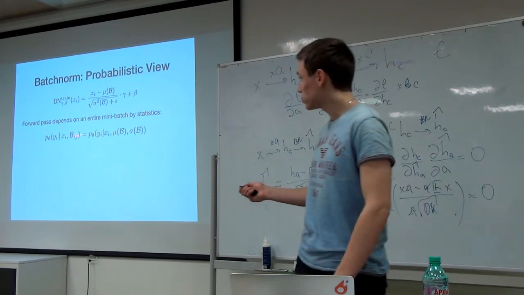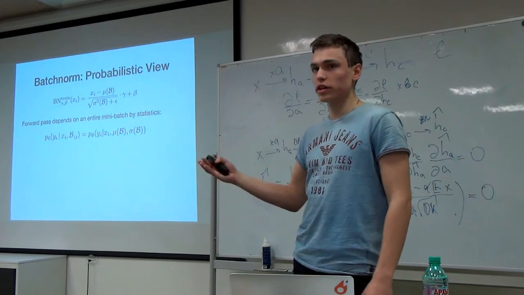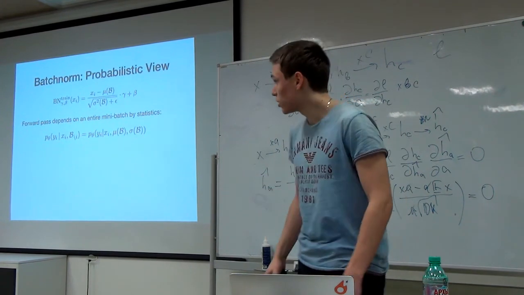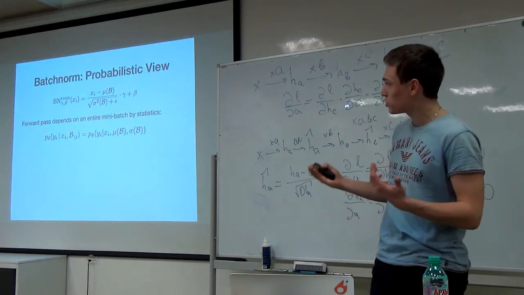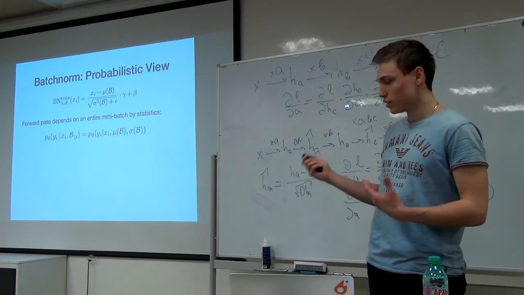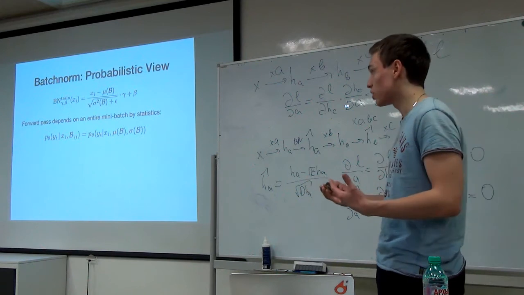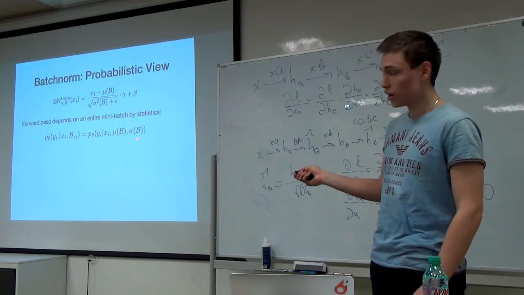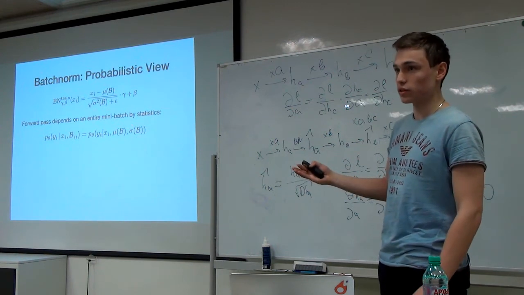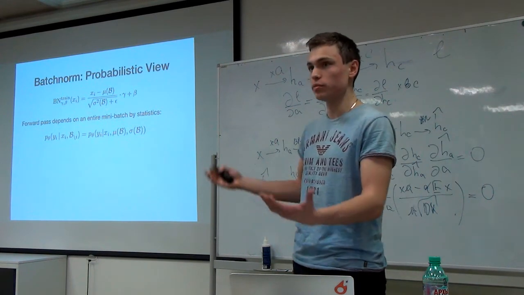Our likelihood function, which is parameterized by neural network parameters theta, depends on the entire batch. For every object in the batch, it depends not only on that object, but on the entire batch. And this dependence can be parameterized with statistics, which are computed over the mini-batches.